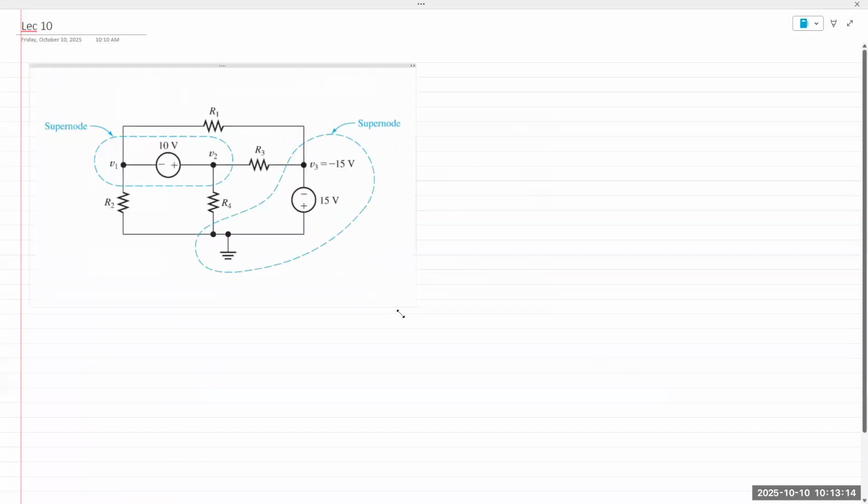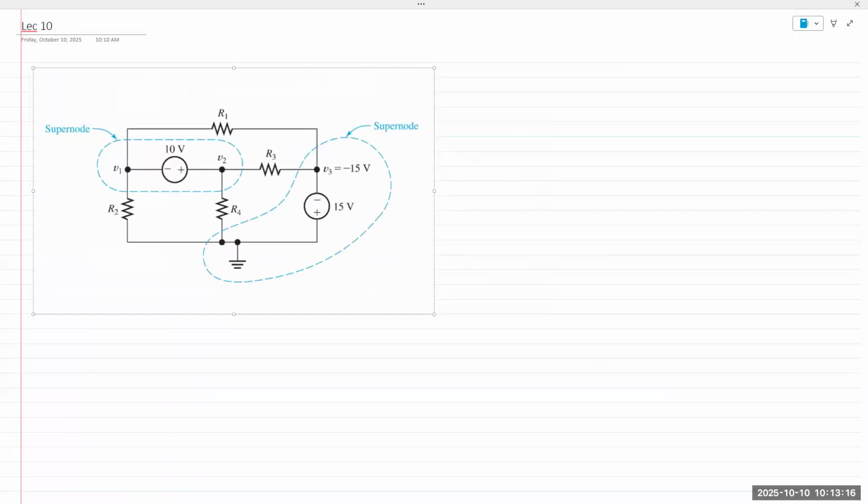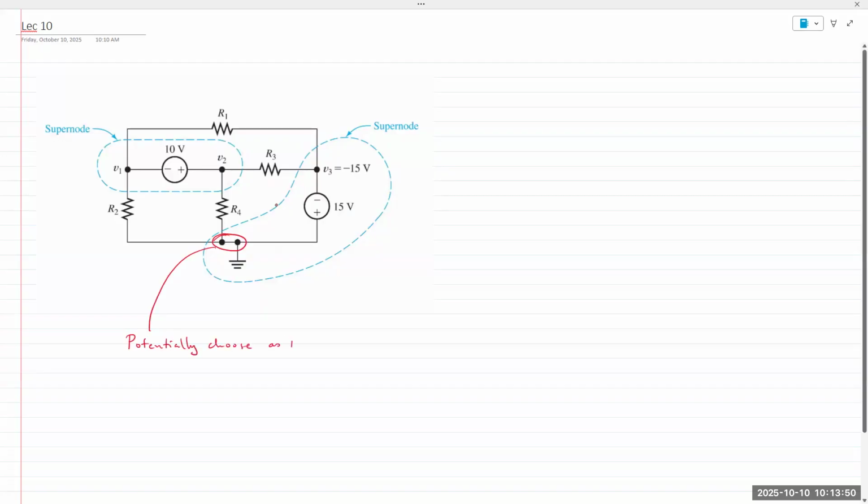Okay, so we have the circuit that has more than one voltage source. Now, if you only have one voltage source in the circuit, then things are simpler. We simply choose one end of the voltage source as our reference point, and the other end, you automatically have an answer for that node voltage. But if you have a circuit like this, you could potentially choose this node at the bottom as your reference node.